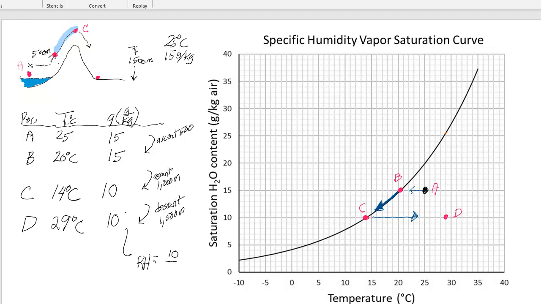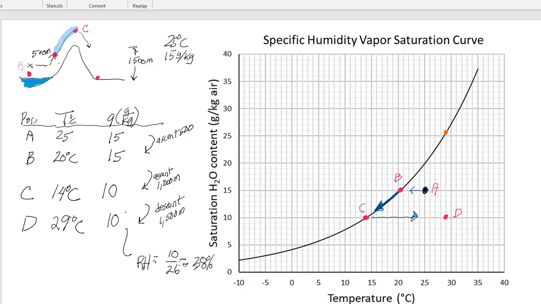For the sake of argument, it's about 26 grams per kilogram, so it's 10 divided by 26, which is 38% relative humidity.